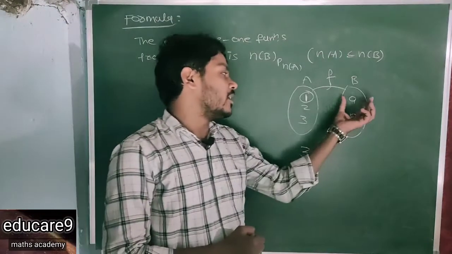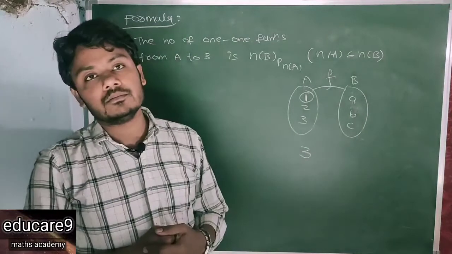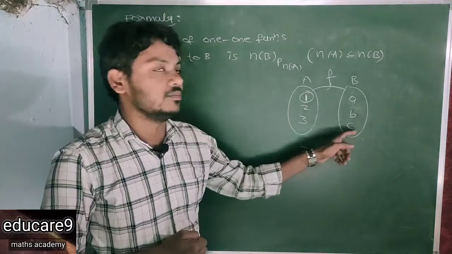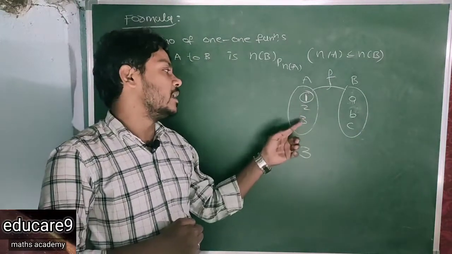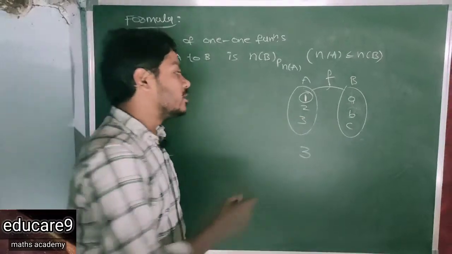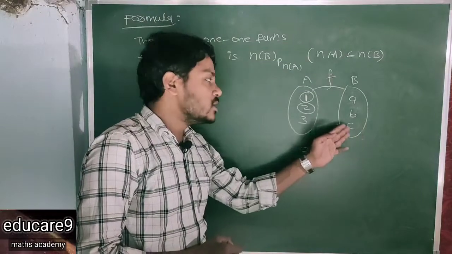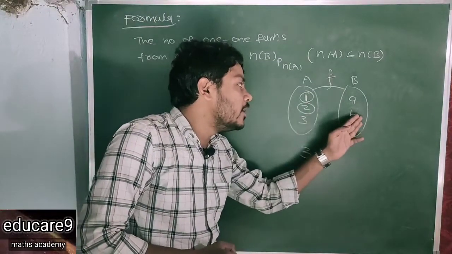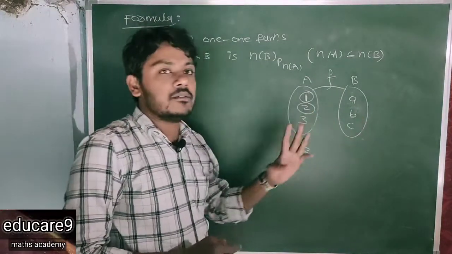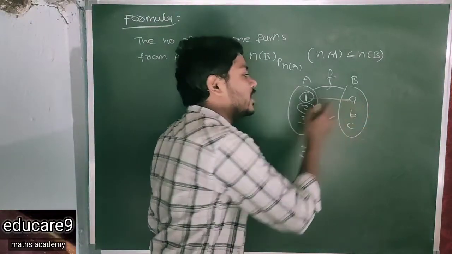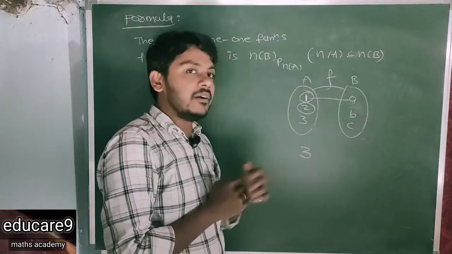So clearly out of 3, 1 is mapped, so the remaining elements are 2. Here also the remaining elements are 2, and the chances for 2 are 2, since 2 elements are left. So 2 is mapped to either b or c. For example, if 1 is mapped to a, b and c are left.